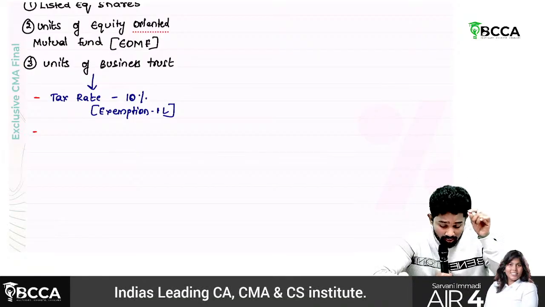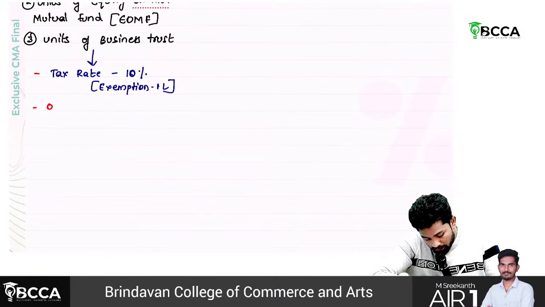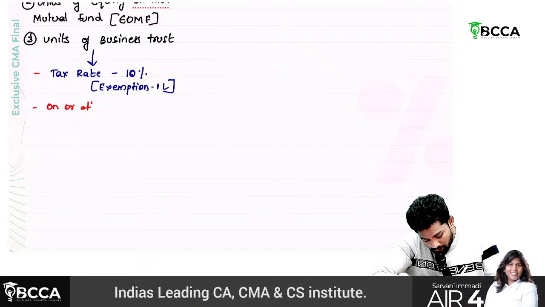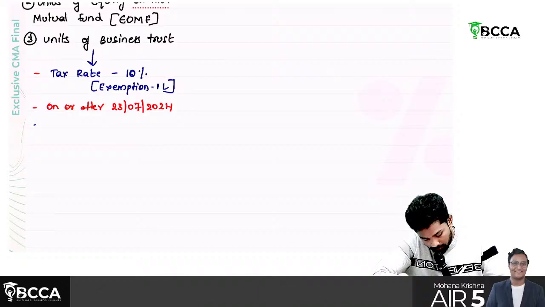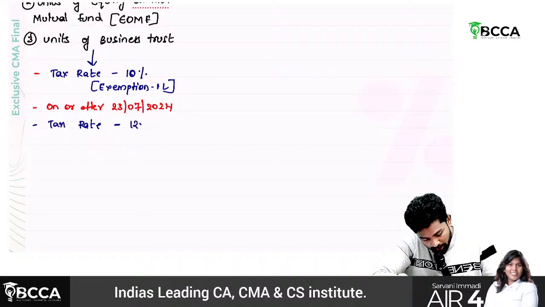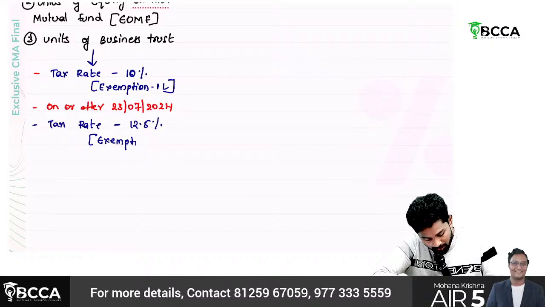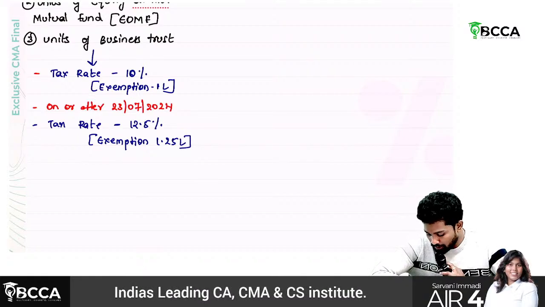If the sale or transfer has happened on or after 23rd July 2024, then there is an increase in the tax rate to 12.5%, whereas the exemption is 1.25 lakhs.